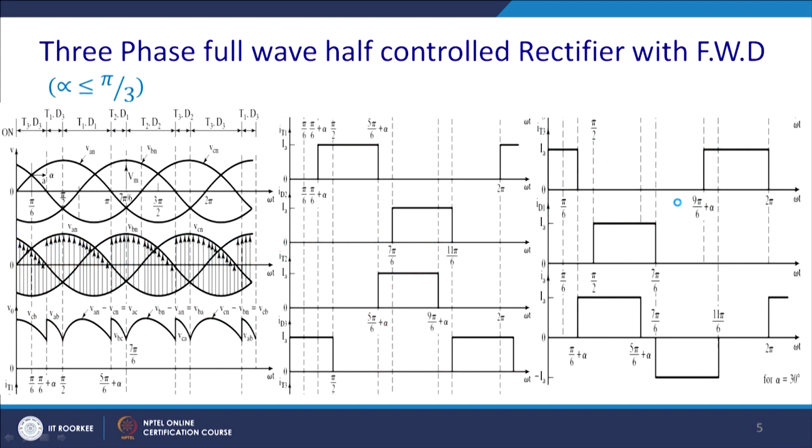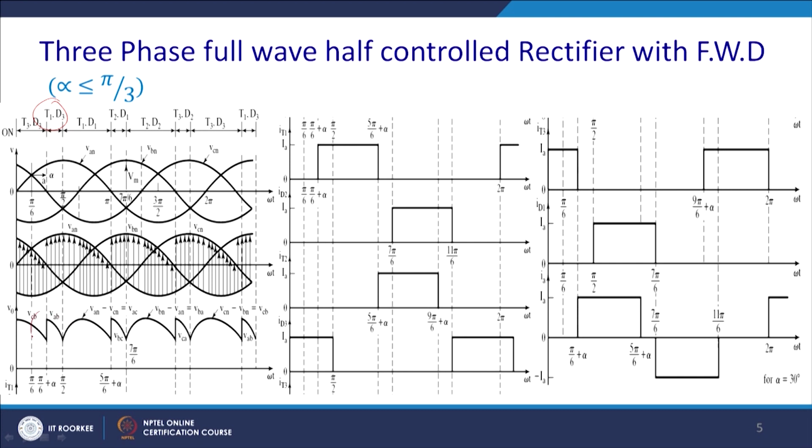Now, for the 3 phase full wave half controlled rectifier, these are all waveforms you have studied in power electronics. We start from this point for continuous conduction and for alpha less than 30 degrees. So, ultimately you are triggered at alpha, and here T1 and D3 will conduct.